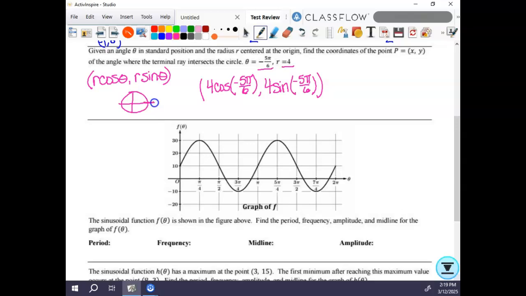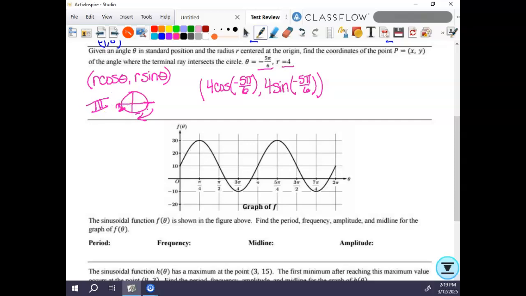If I start here, what quadrant is -5pi/6 in? Second, because this would be my 5, this would be 6pi/6, and I back up 1. Since it's negative I have to go this way, so this would be -6pi/6, and I got to back up. I'm actually in quadrant 3.